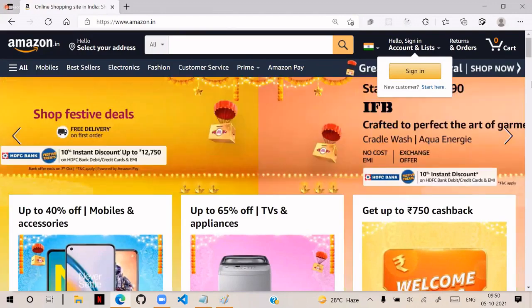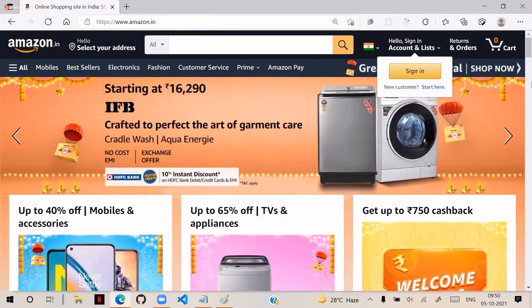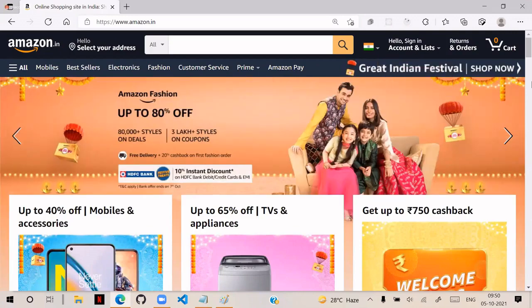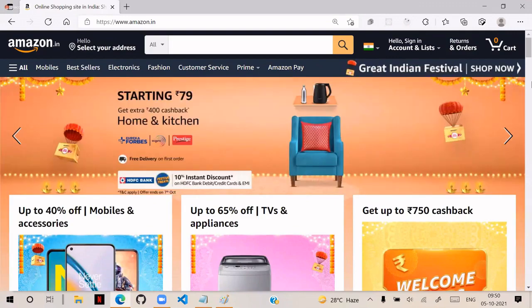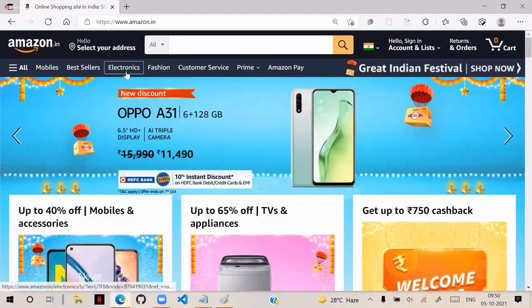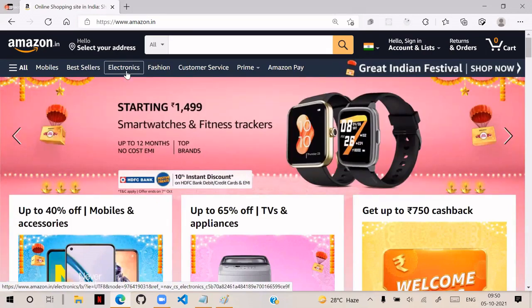Is this the only information available in this website? No, there is a lot of information behind it. Am I right? For example, if I click on electronics, it will show electronics information. That means beyond what you are watching on screen, a lot of details are present.